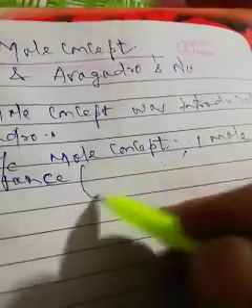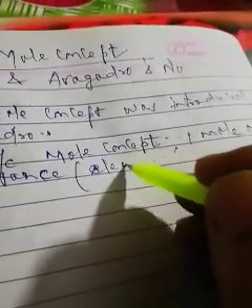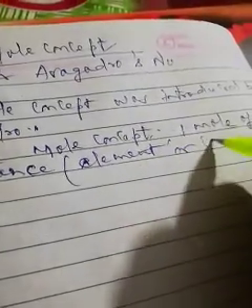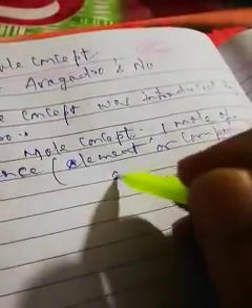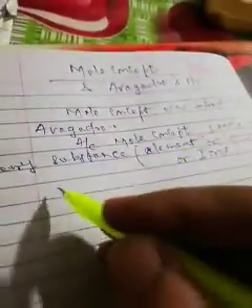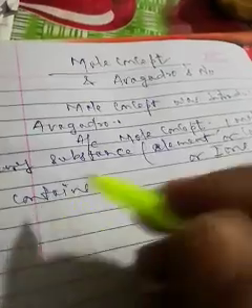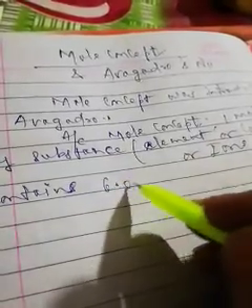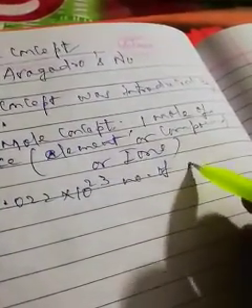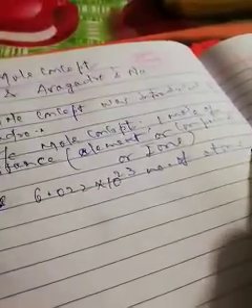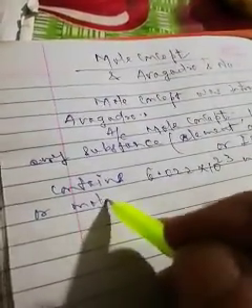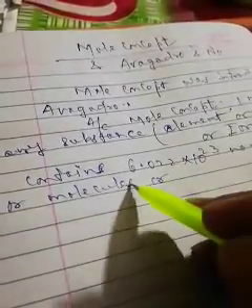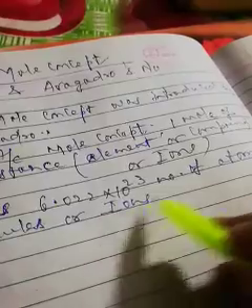According to the mole concept, 1 mole of any substance, that means element or compound or ions, contains 6.022 into 10 to the power 23 number of atoms or molecules or ions respectively.